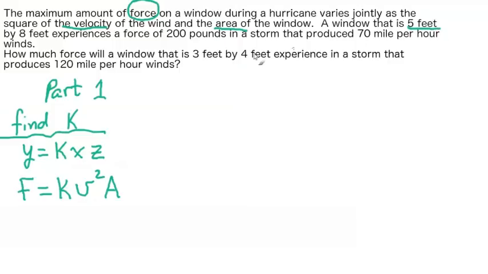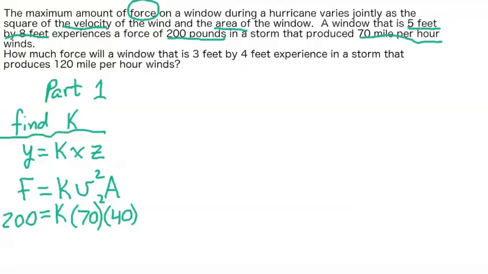We have a 5 foot by 8 foot window, so that's 40 square feet, so that's going to go in for A. Then we have the velocity of 70 miles per hour, so that's going to go in for V, and don't forget to square it. And here's K, and the force on this window is this 200 pounds.